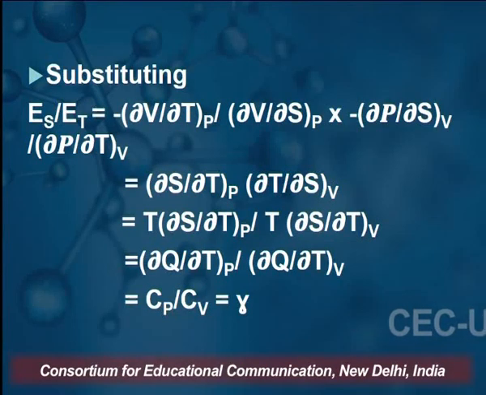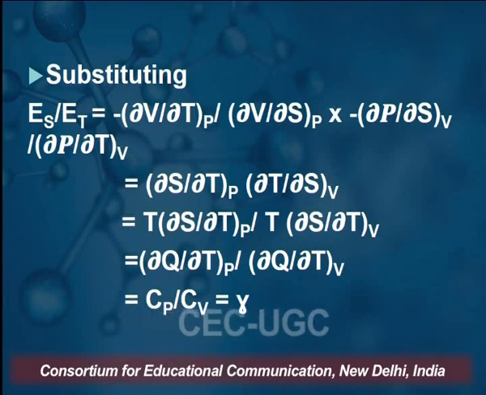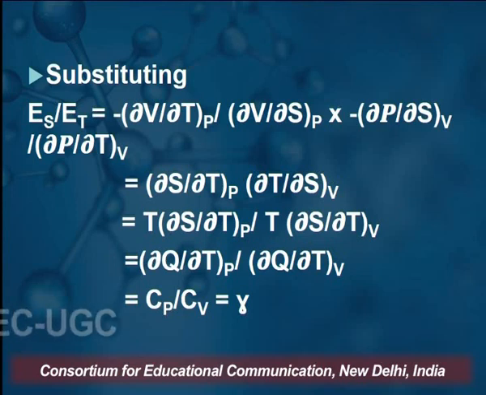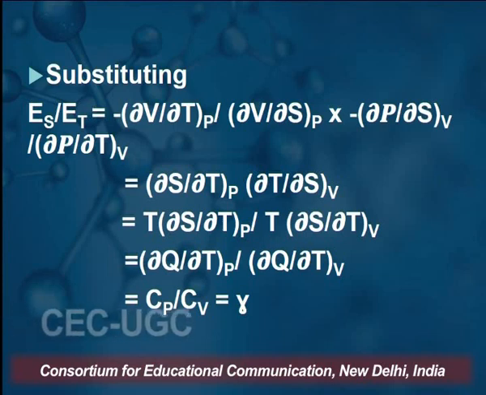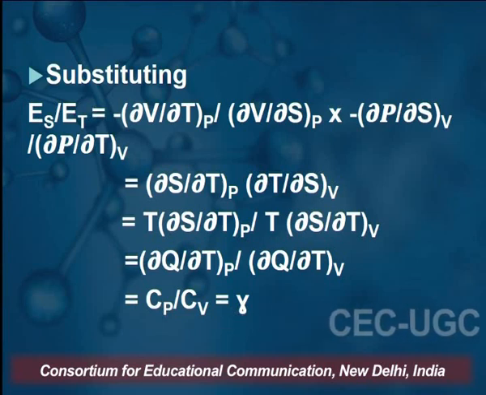If we substitute these equations in the previous equation, we get Es by Et is equal to minus delta V by delta T at constant pressure divided by delta V by delta S at constant pressure into minus delta P by delta S at constant volume divided by delta P by delta T at constant volume.